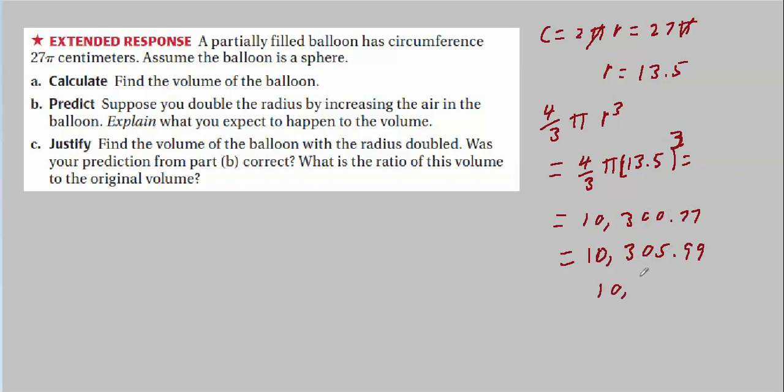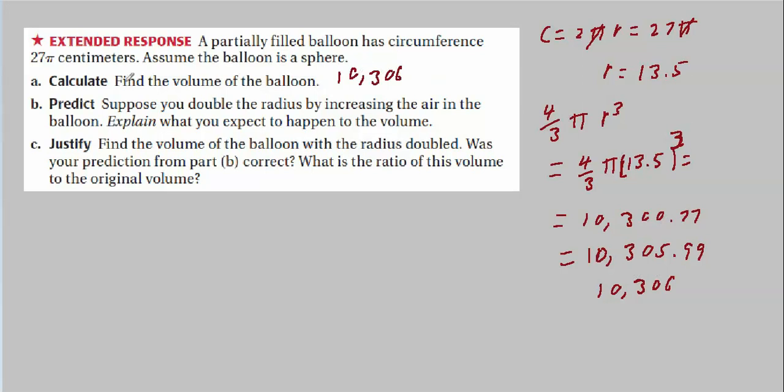That seems like a lot to me. But that's the way it goes. If you use 3.14, you get this one. If you used your pi button, you would have gotten this one. The pi button is probably more accurate, so we could stick with this if we need it. So we'll just stick it up in there, 10.306.